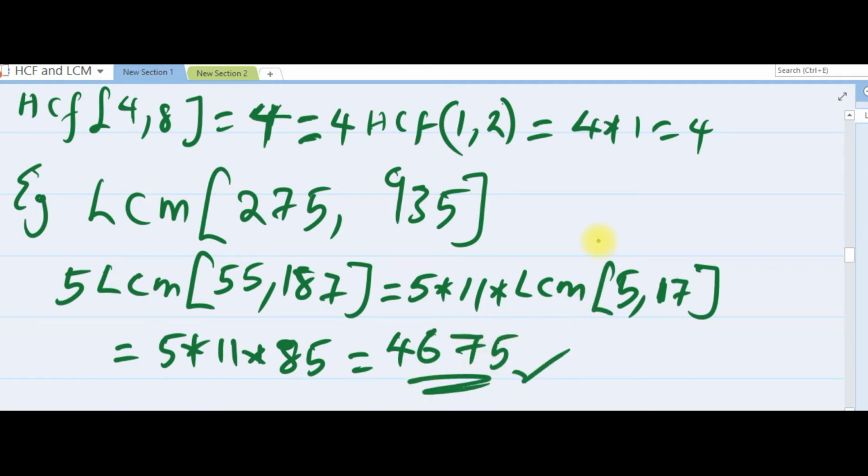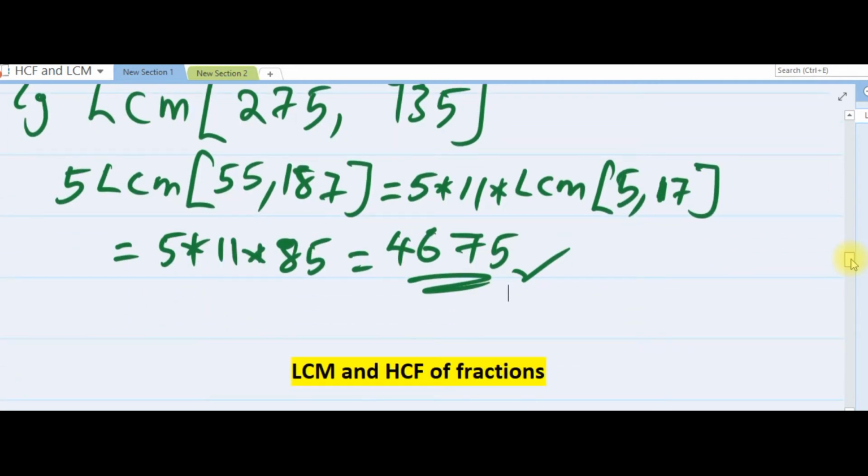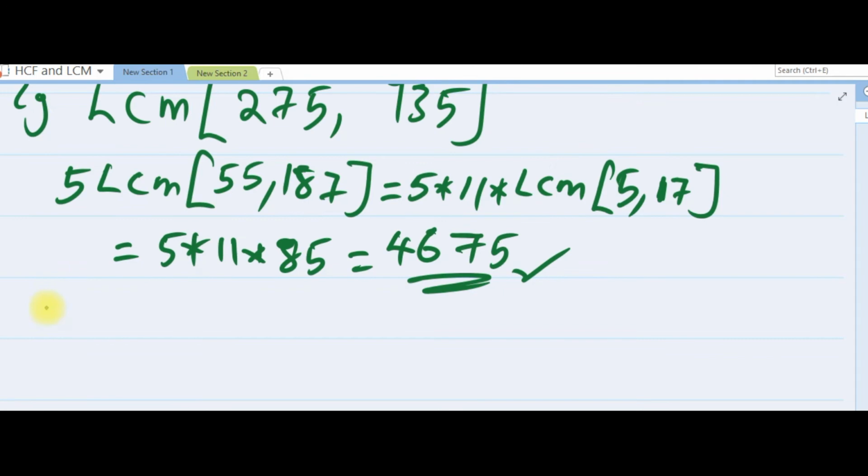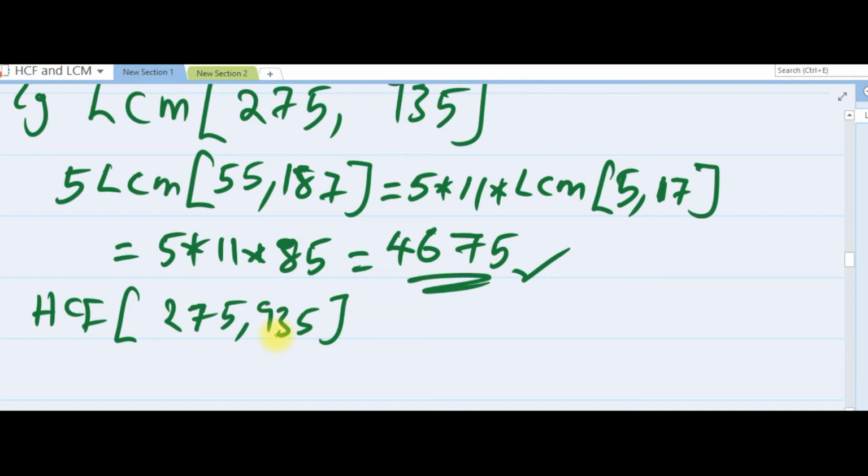So that's our LCM. Whenever you are given large numbers, look out for a common factor, factor it out, and still get the LCM. The same way, if you are asked to find the HCF of the same numbers, 275 and 935, again we'll factor.